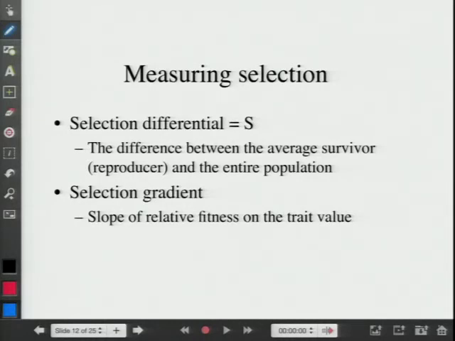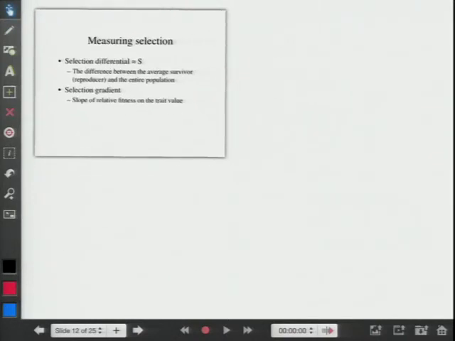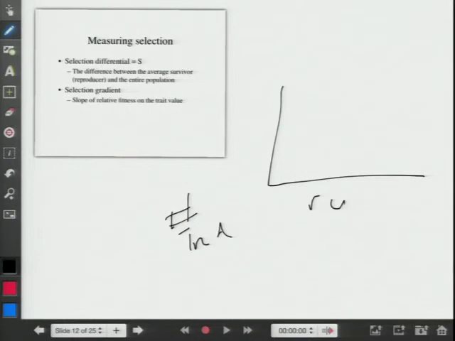So if there's selection on running speed, just stick this over here for a second. So you have number of individuals. Here's how fast they run. It'll be in like meters per second, because you all use meters now, right?